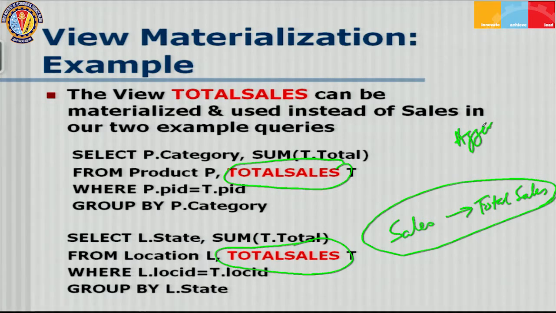You don't save on the join part, because you are still carrying out a join. Now you are doing a join between product and total sales, and similarly location and total sales. Since total sales is aggregated, it will be a much smaller table than the sales table.